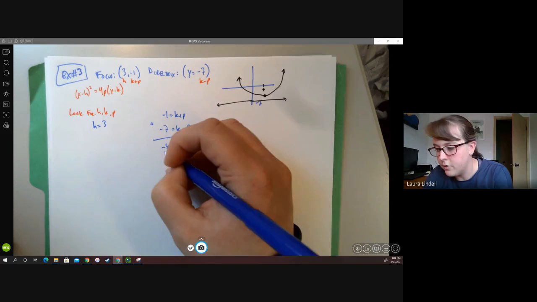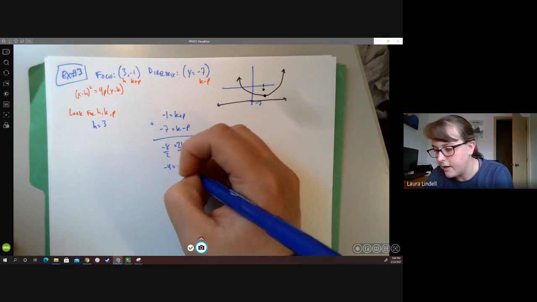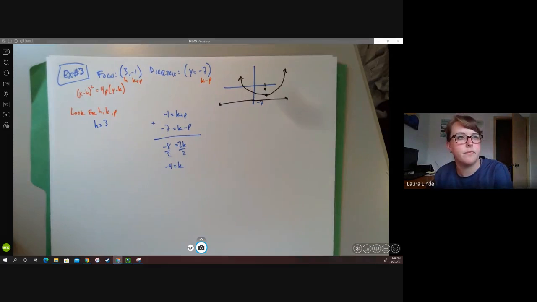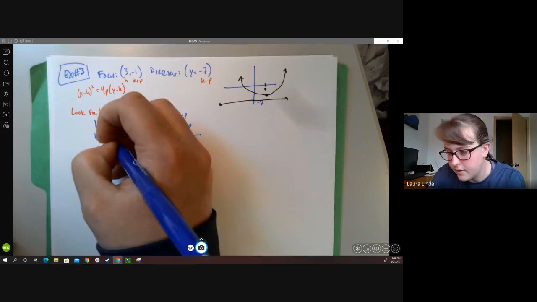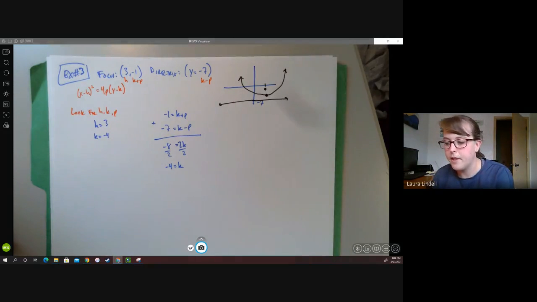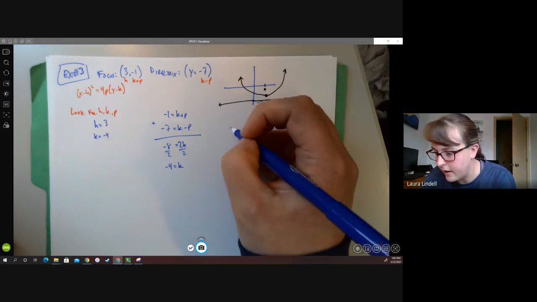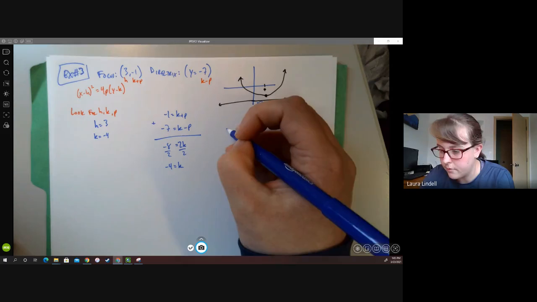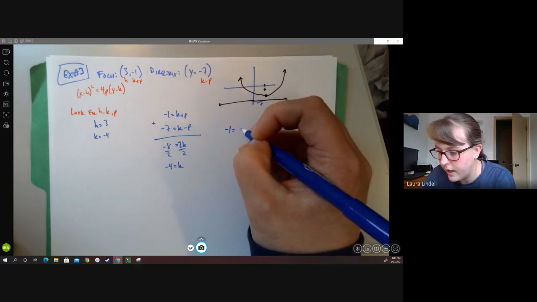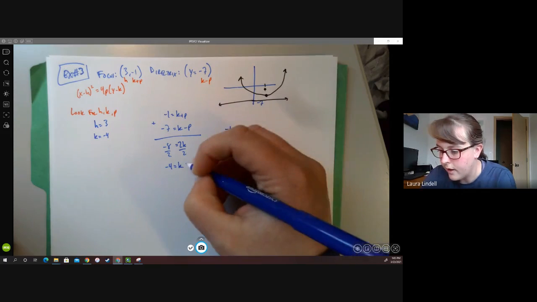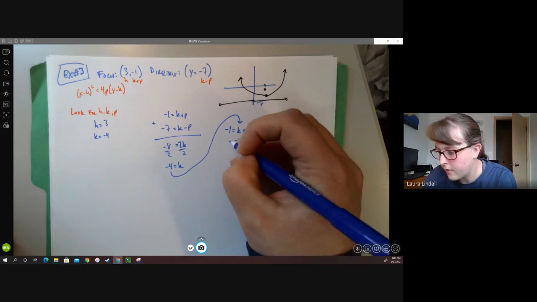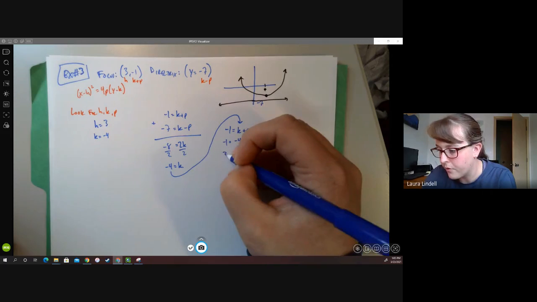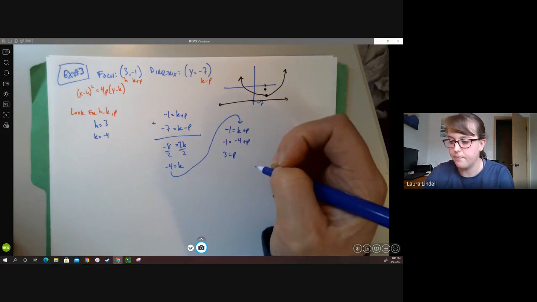Dividing by 2 on both sides, we get that k is -4. So that we can add to our list of things that we now know. And then I can plug it into either of these. We can go -1 equals k plus p and plug in -4. Adding 4 to both sides, we get that p is 3.